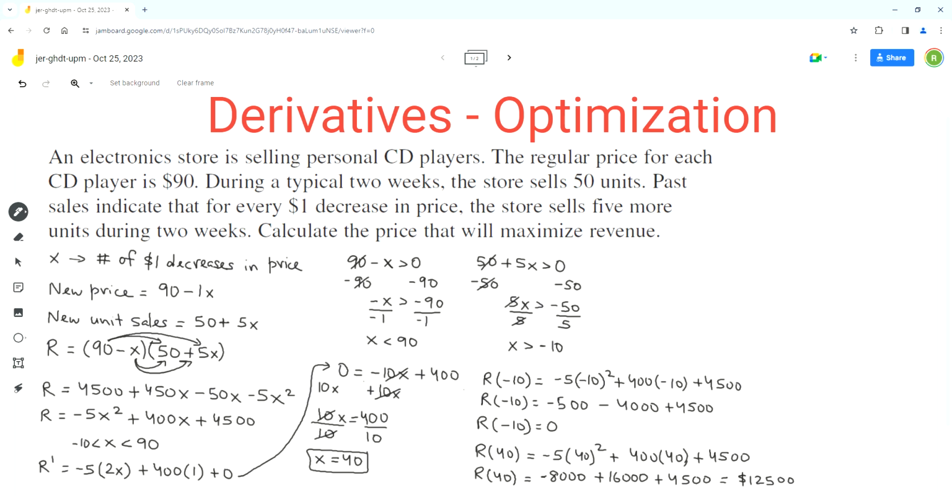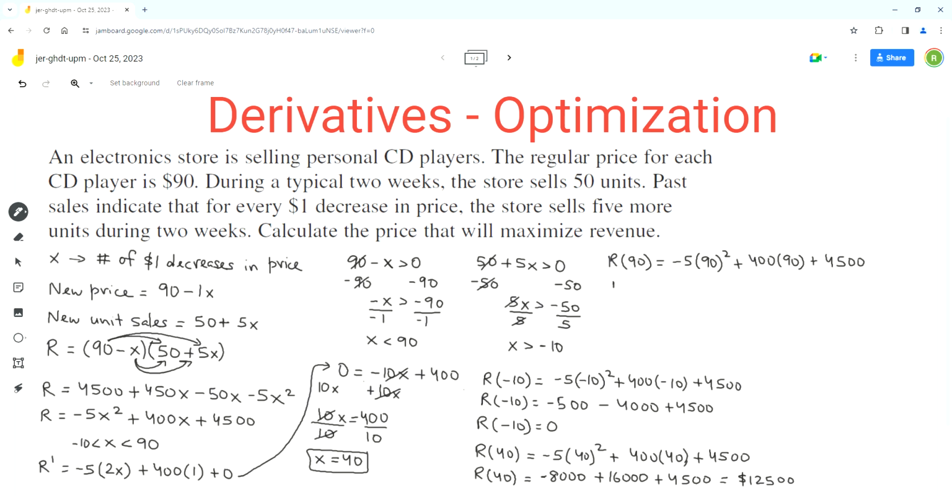Now we can find the revenue at x equals 90. So r at 90 equals negative 5 times 90 squared plus 400 times 90 plus 4,500.